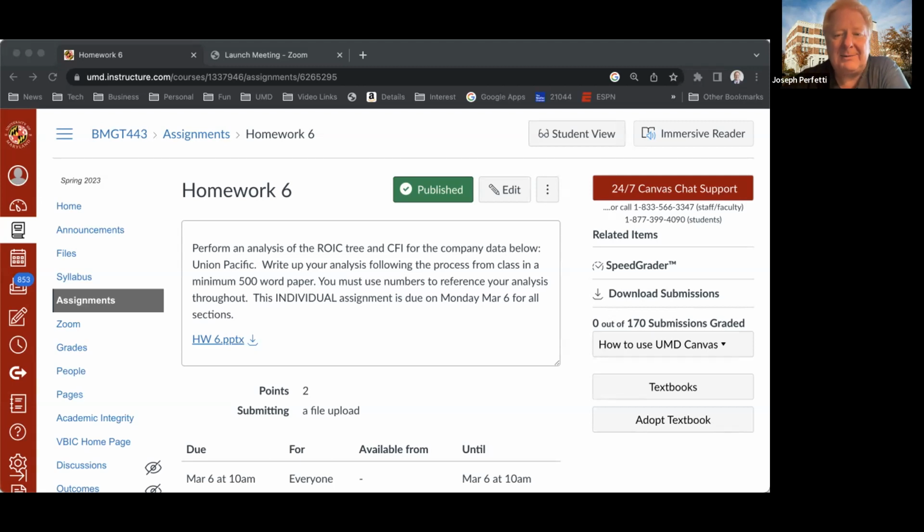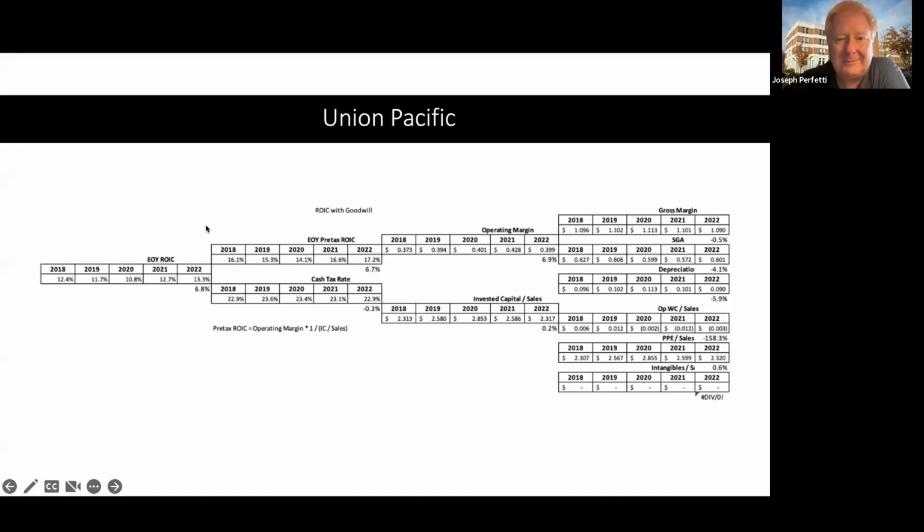So somebody says they can't see my screen. Is that true? Can you see my screen? Can you see my screen now? Can I get a verbal yes or no? Yes, we can. Okay.